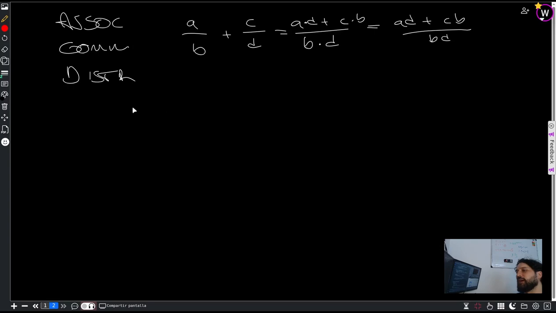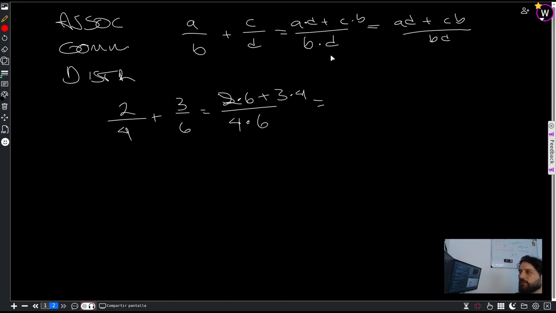If we wanted to have this as numbers, for example, we could do 2 over 4 plus 3 over 6, and we can do the same. Find a common denominator, 4 times 6, and this will be 2 times 6 plus 3 times 4, and there we go.